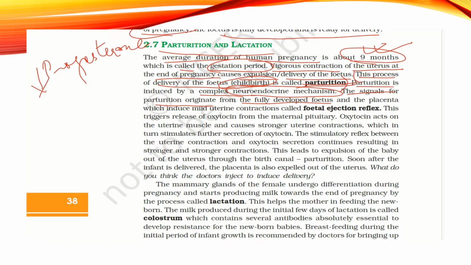Next, the prostaglandin hormones start coming into action, because prostaglandins act on the cervix to soften the uterine wall, to make it soft and smooth, and the cervix should have an opening of 5 to 10 centimeters so that the baby can come out. So first the progesterone should be reduced, then the prostaglandins come into play.